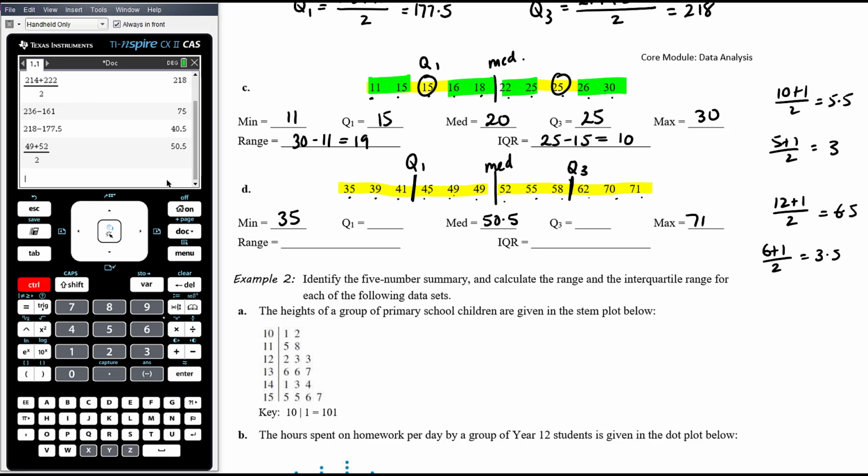So halfway between 41 and 45, again, if you can do it in your head, great. If you can't, get your CAS to help you. 43, halfway between 58 and 62. Hopefully most of us can work out that that's 60. If not, do it with your CAS. Okay. Again, 3 bits of data, then Q1, 3 bits of data, then the median, 3 bits of data, then Q3, 3 bits of data.